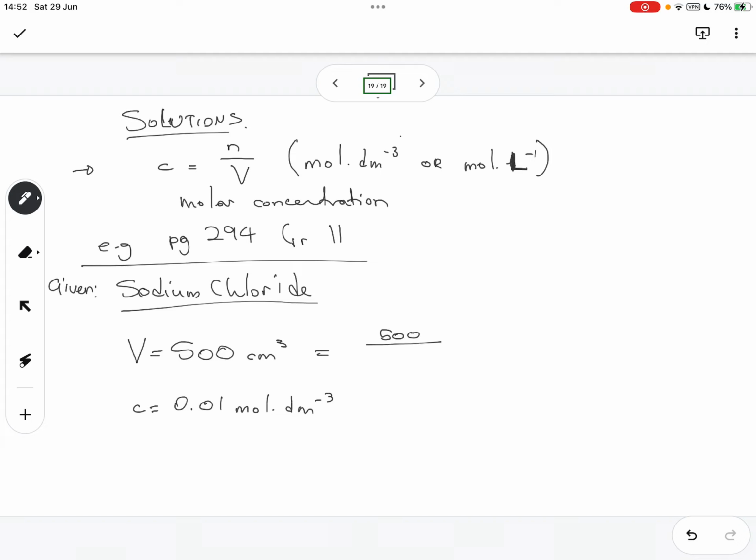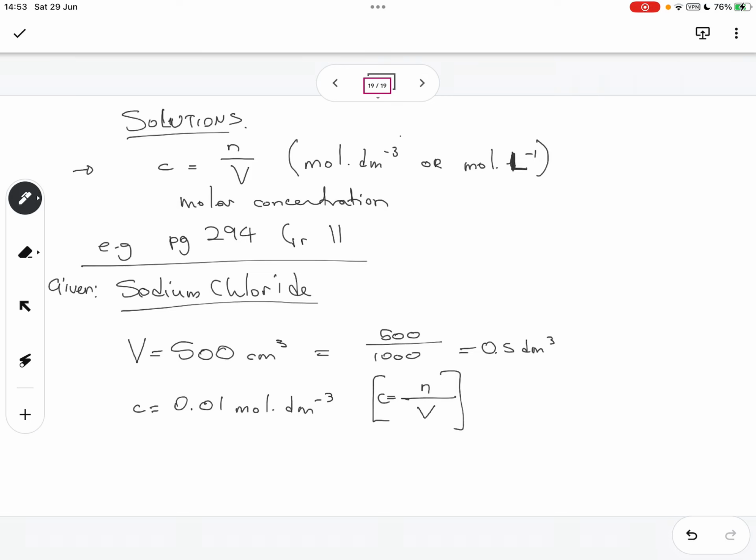So we must take 500 cubic centimeters and divide it by 1000 so that we get dm cubed. So we know that the concentration is given as 0.01.